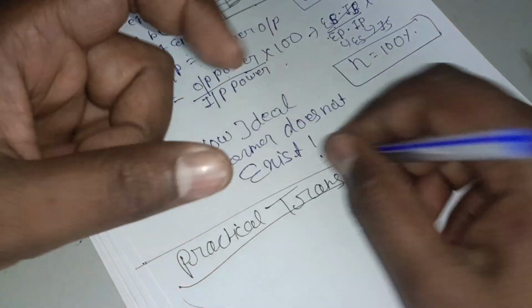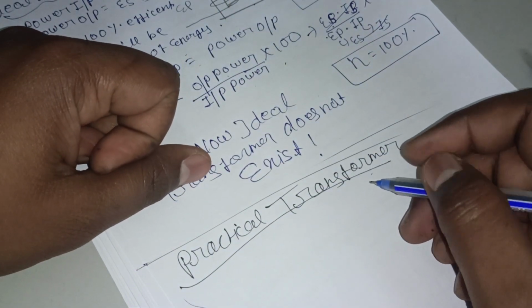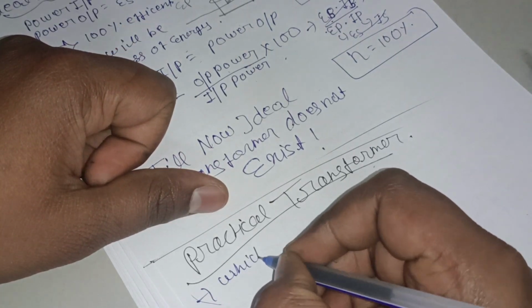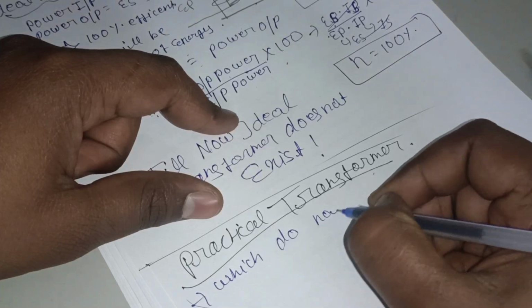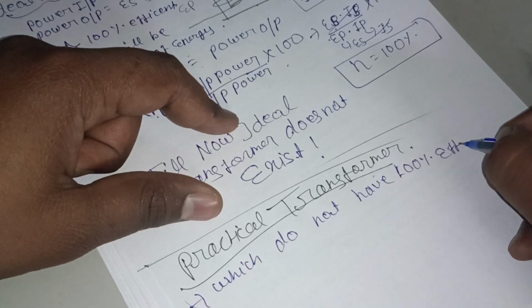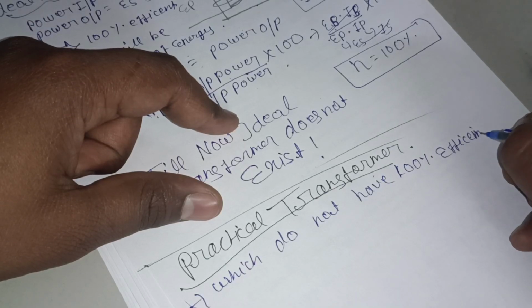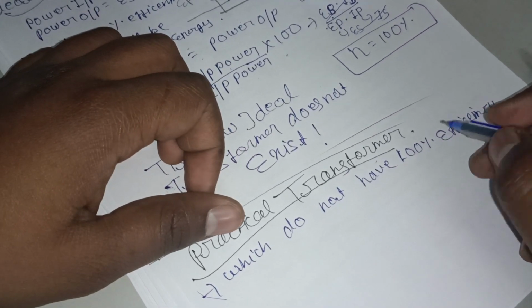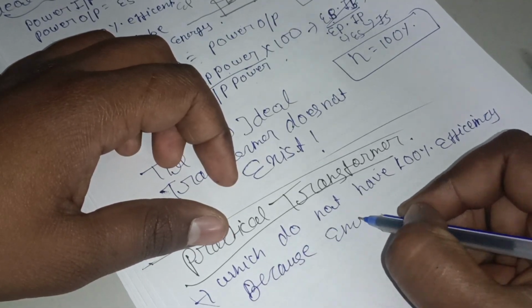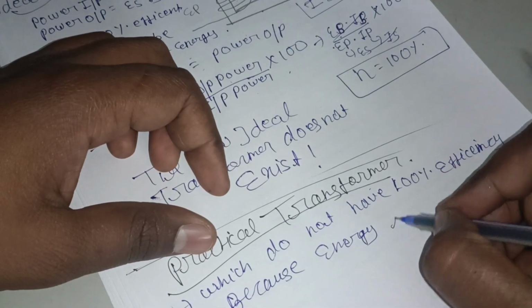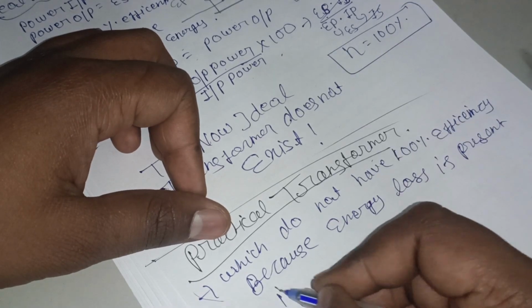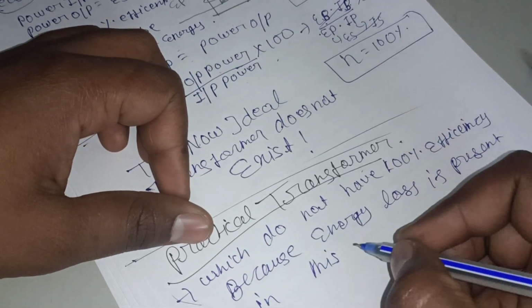Practical transformer, simply I can write also, is one which does not have 100% efficiency, because energy loss is present in this transformer.